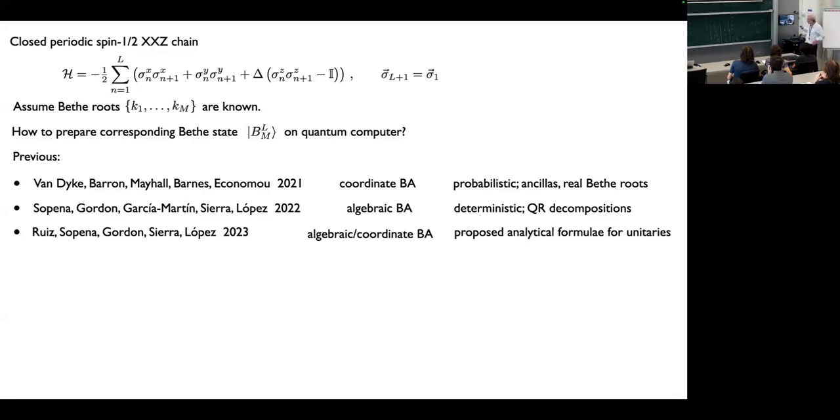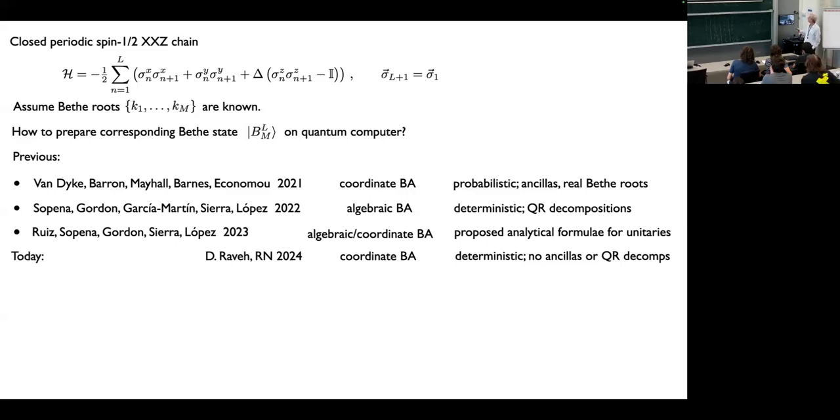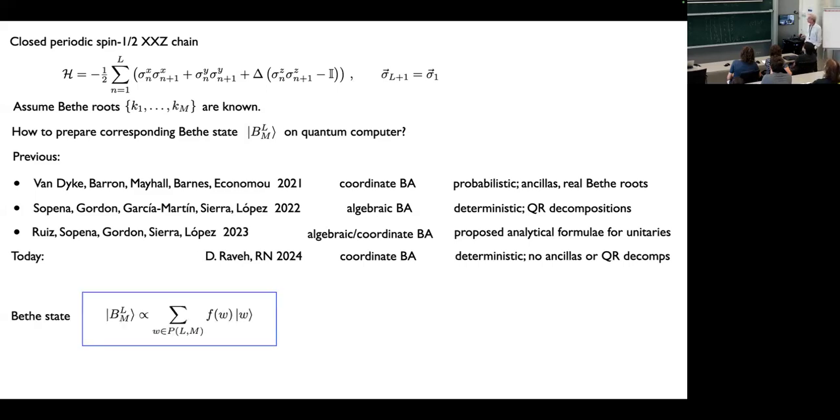But the circuit itself, in terms of gates, is not yet explicit. Today, I'd like to show you another way, based on the coordinate Bethe ansatz, which is deterministic. It doesn't involve ancillas or QR decompositions, and the circuit is quite explicit.